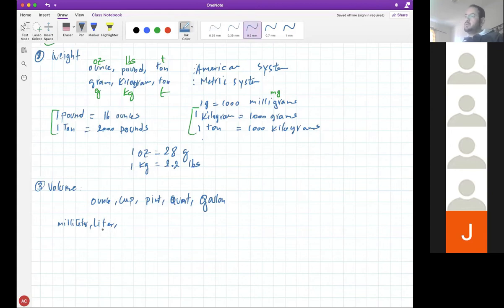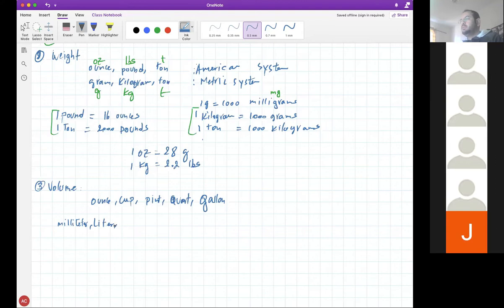Anything else you might think of when it comes to measuring volume in international units? We have liter, milliliter. We have, let's see, cubic meters also. But we'll leave that out.